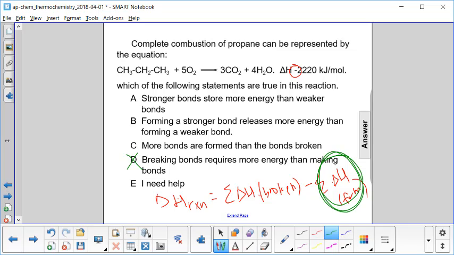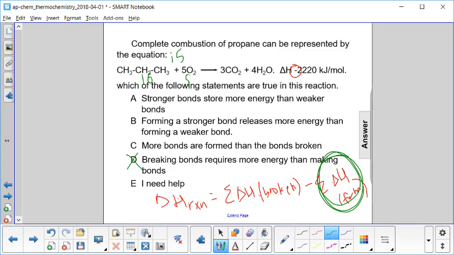From the previous slide, we figured this out, but we have 8 carbon-hydrogen bonds and 2 carbon-carbon single bonds in the propane molecule, so a total of 10 bonds broken there, and 5 bonds broken on the oxygen double bond, so a total of 15 bonds broken.